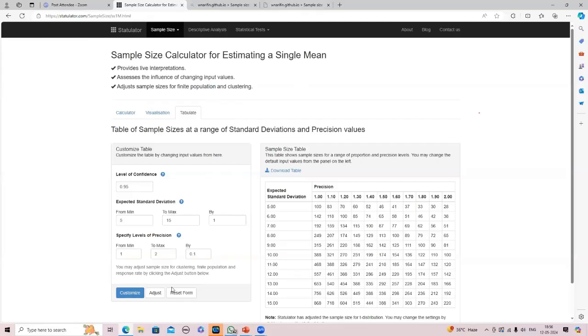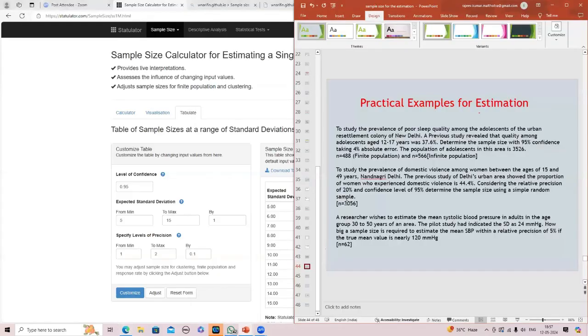Yesterday I explained the difference between relative and absolute. I will also explain this once again, the difference between relative and absolute precision, through this slide.